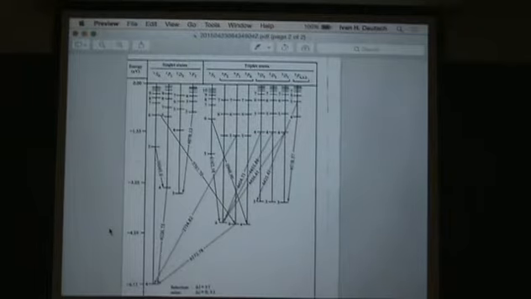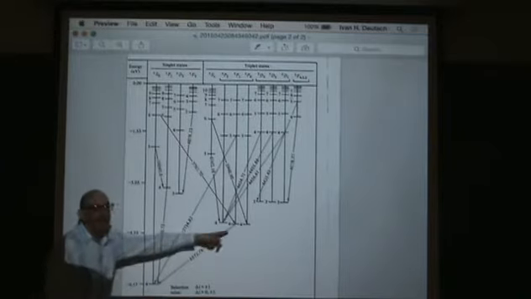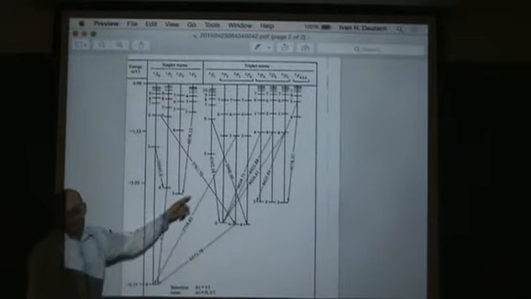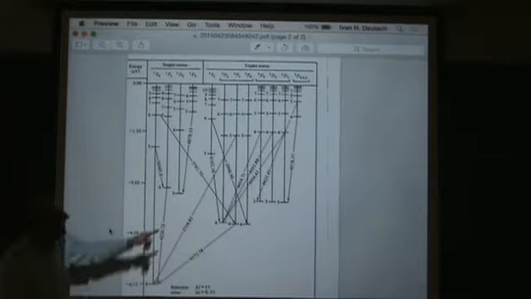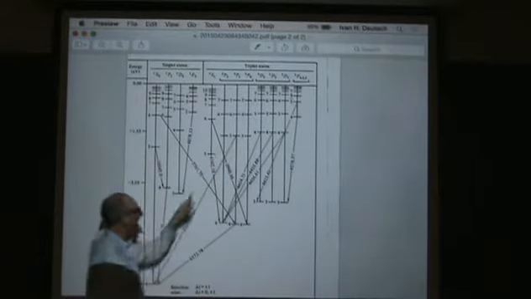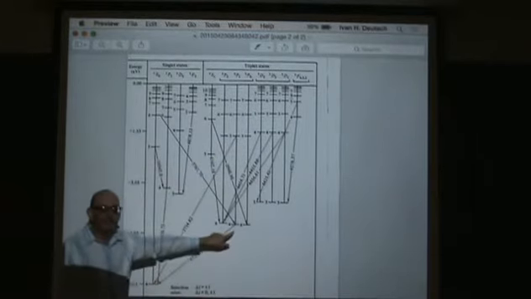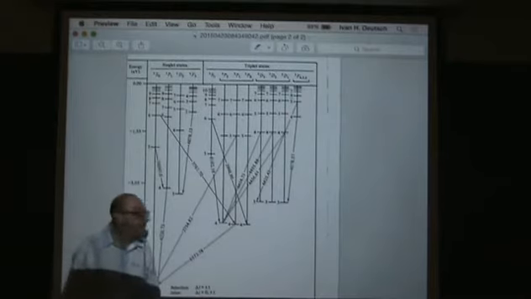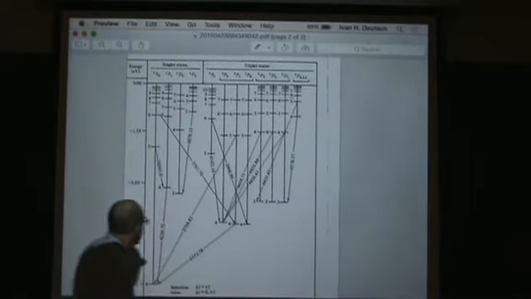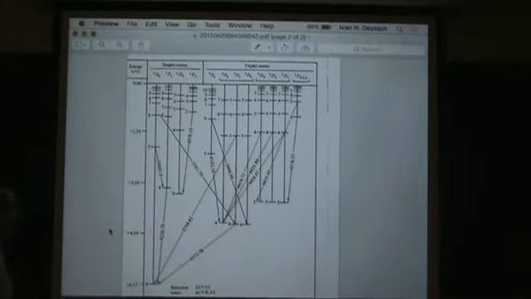And so these transitions aren't completely forbidden. They're just strongly suppressed. And these kinds of transitions are known as intercombination lines. All right, very good.